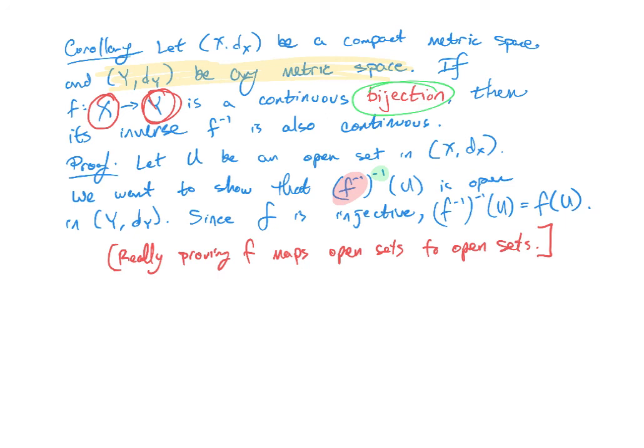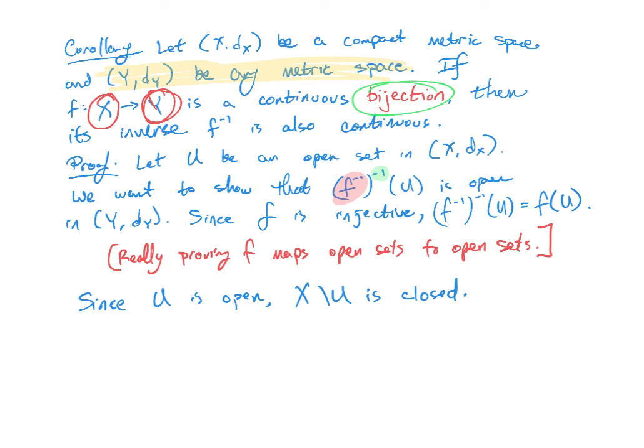Now a couple more lines. I realize we're out of time, but we're so close. All we have to do is play with open, closed, and compact, and we get it. Since U is open, and this proof will be in the notes, so don't feel strained to copy it all down right now, its complement is closed.